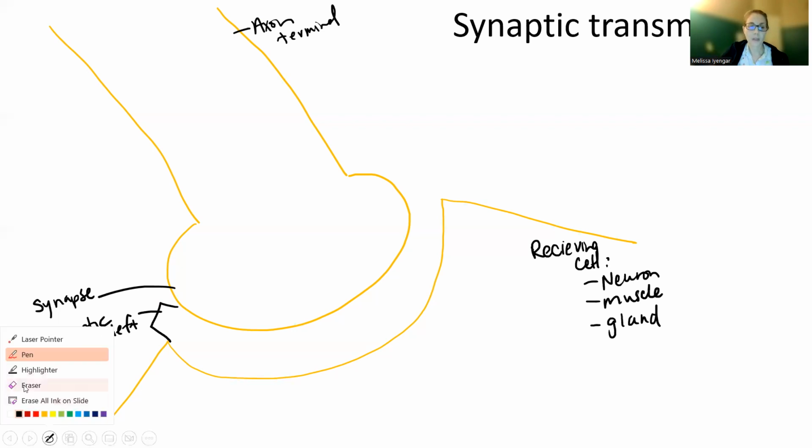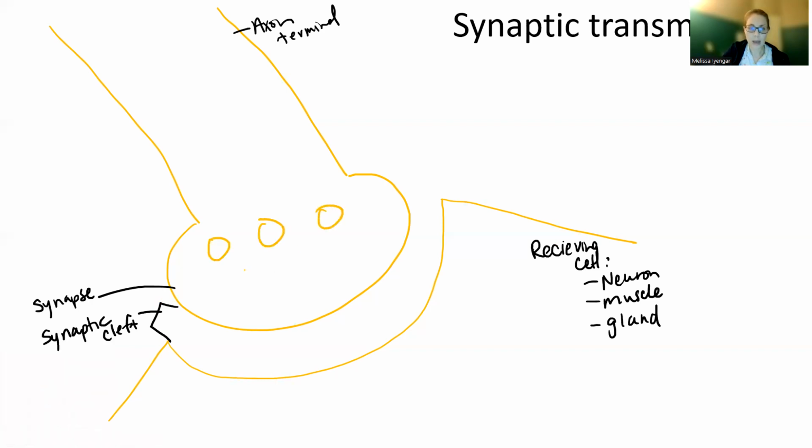Inside of the synapse, we're going to have little membrane sacs, and these membrane sacs are going to hold neurotransmitters. I'm going to make neurotransmitters a different color than the colors we used before. So these are neurotransmitters. So we have our synaptic vesicles with our neurotransmitters.